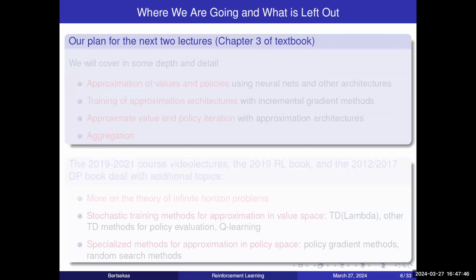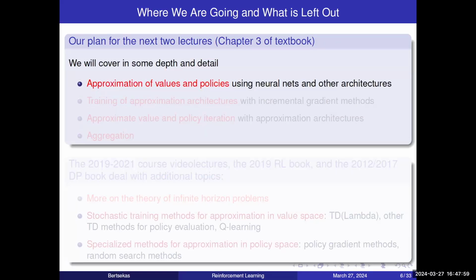So having summarized what we have covered up until now, here's the plan for our future lectures, which is chapter 3 of the textbook. We will cover in some depth and detail approximation in values and policies using neural networks and other architectures. We'll talk a little bit about training of approximation architectures with incremental gradient methods.